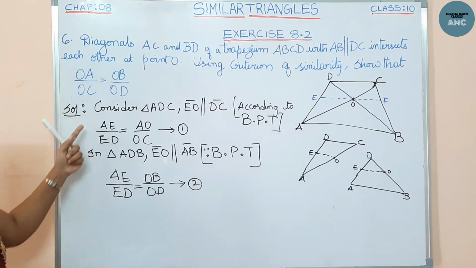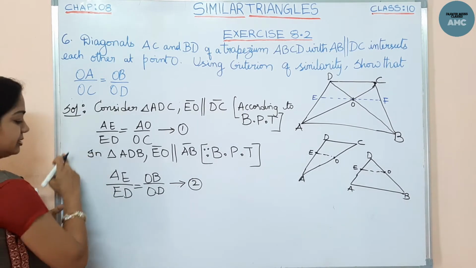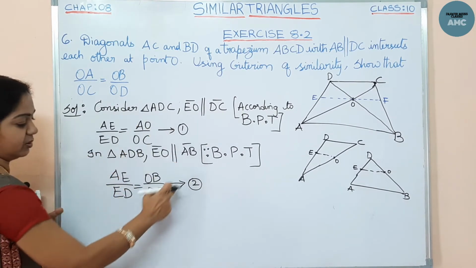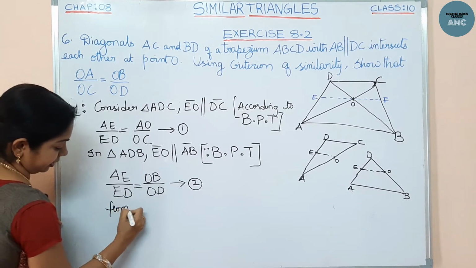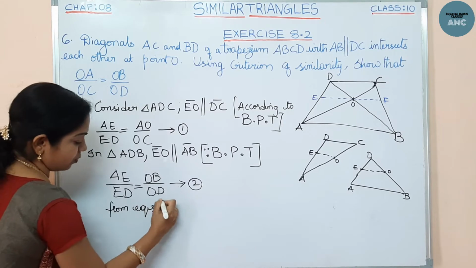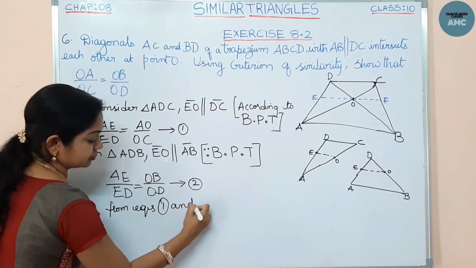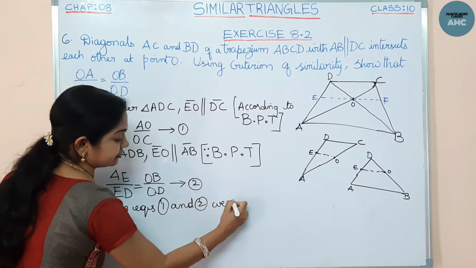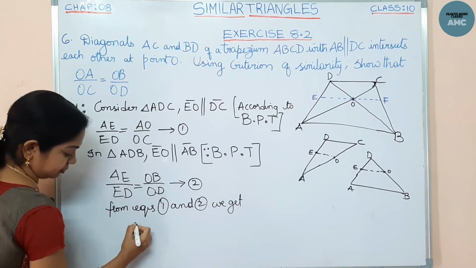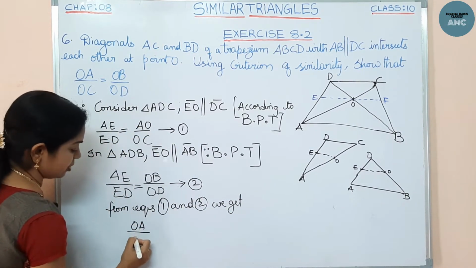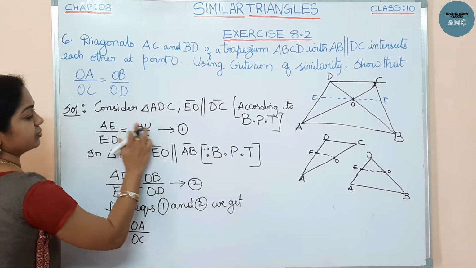Now, clearly from 1 and 2, what can we infer? These LHS parts are equal, so we can equate the RHS part. From equations 1 and 2, we get these two are equal. OA, we will write it as OC because we have written it as OC here.